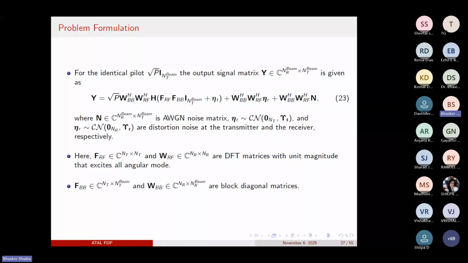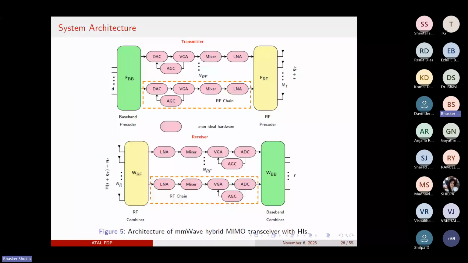Here again, F BB and F RF are the baseband and RF precoders, and W RF and W BB correspond to the RF and baseband combiners. Here is the received signal at the receiver. The lower part is the receiver and the upper part is the transmitter.